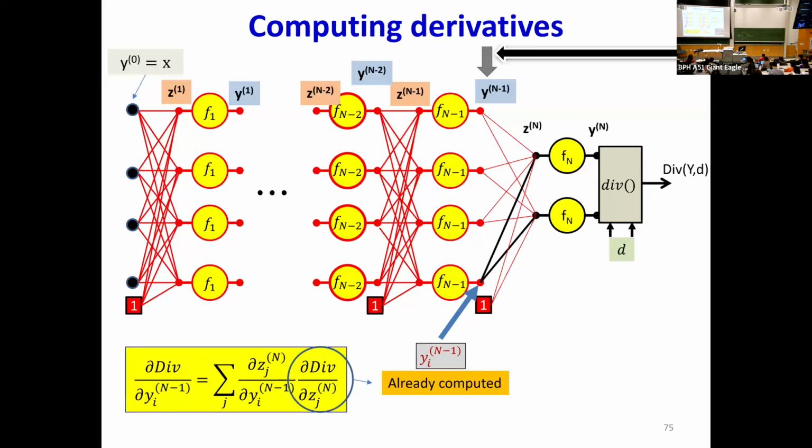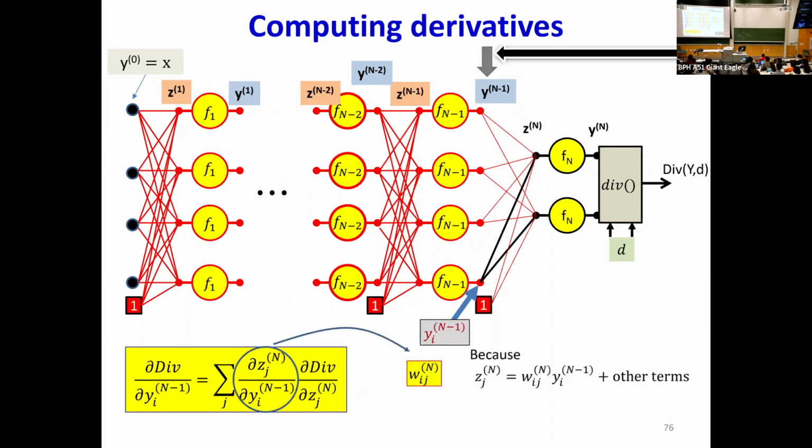What is the next term we need to compute? Back to you, Janice. And what is that? What is dz/dy? The weight, right? Because we know z is w times y plus some other additional terms.